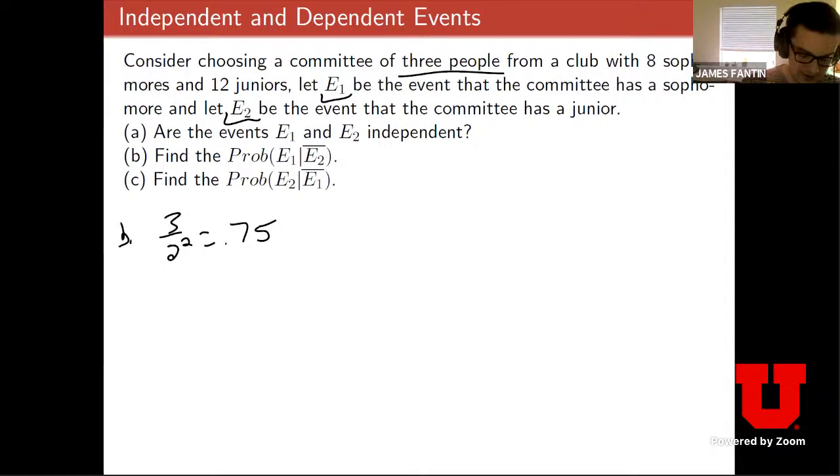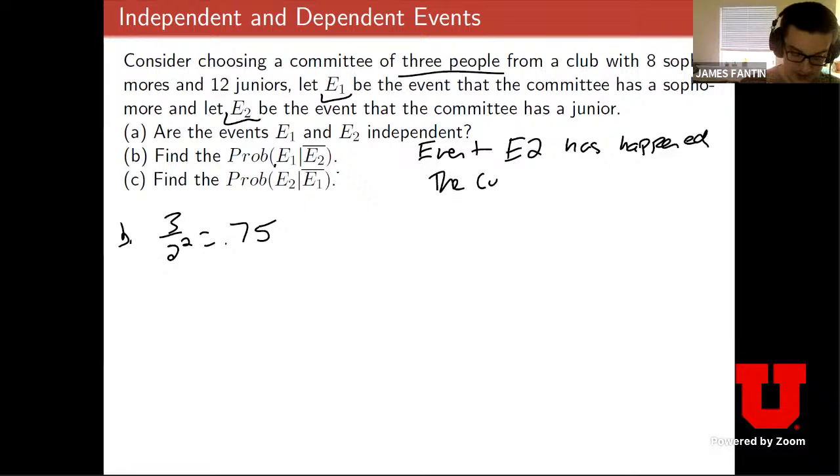So let's think about it this way. The way that this conditional probability works is we're asking the probability this event happens given this event already happening. So in other words, event E2 has happened. So what does that mean? Well, that means that the committee does not have a junior.